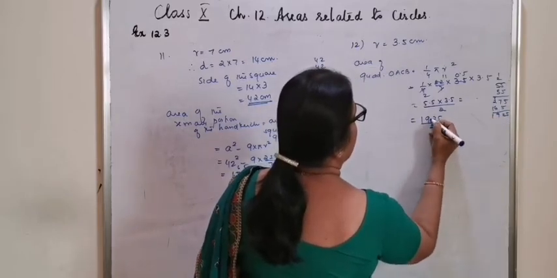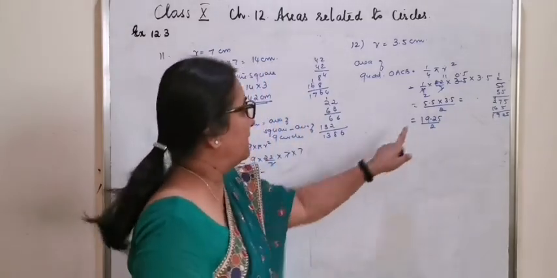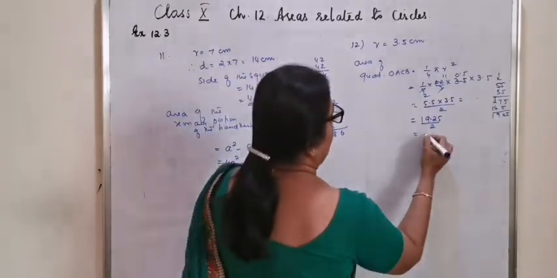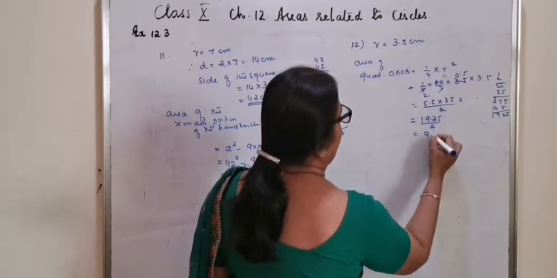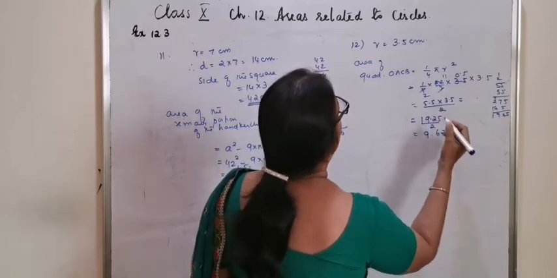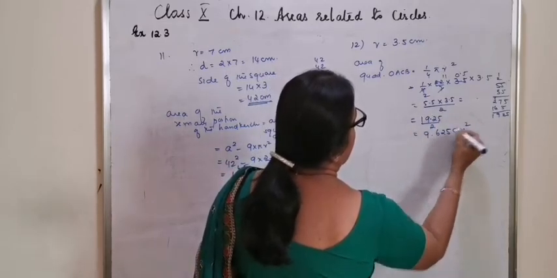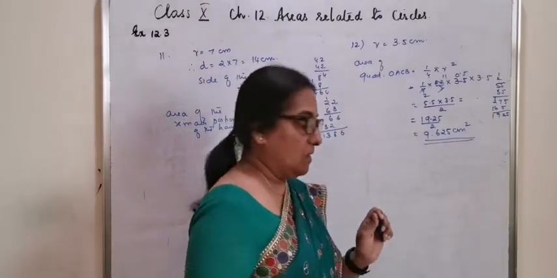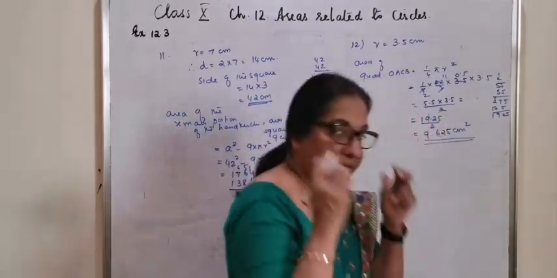Divided by 2, that means 19.25 divided by 2. 9 2s are 18, 9.625 centimeter square. And now what is the area of the shaded region?